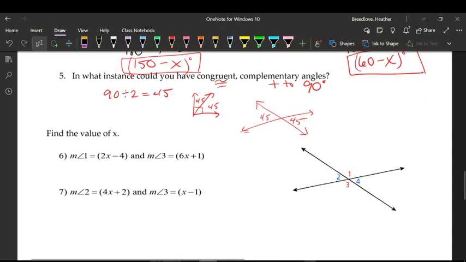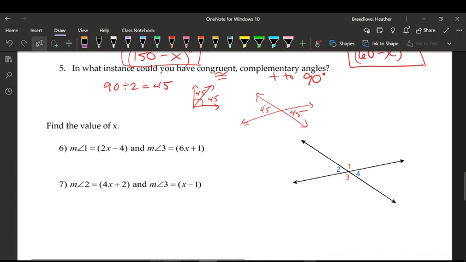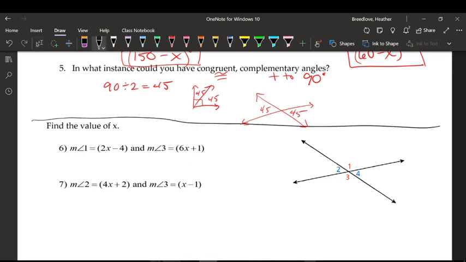All right, so now we're going to do some solving. Find the value of x. So looking at number 6, and I have a diagram. So I know I want to label my diagram, but before I do that, looking at this picture, what do I know about angle 1 and angle 3?